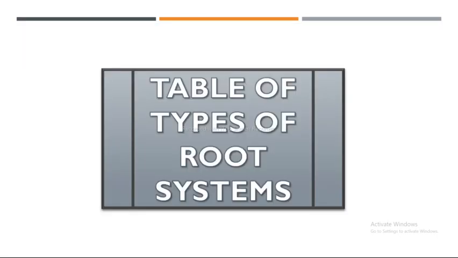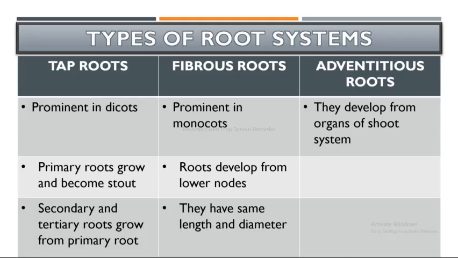Next I am going to discuss the table of types of root systems. As you know, there are three types of roots: taproots, fibrous roots, and adventitious roots. First of all, I will discuss the column of the taproots. Taproots are prominent in dicots.